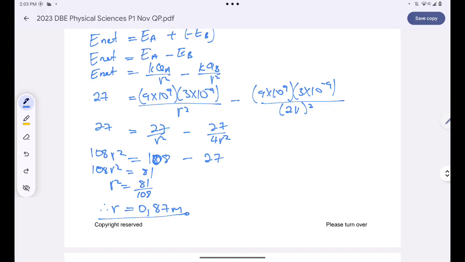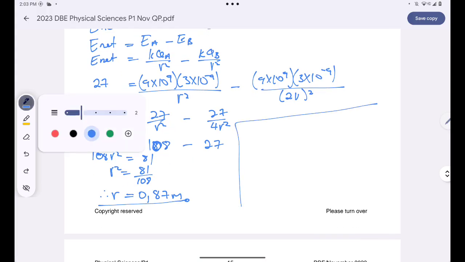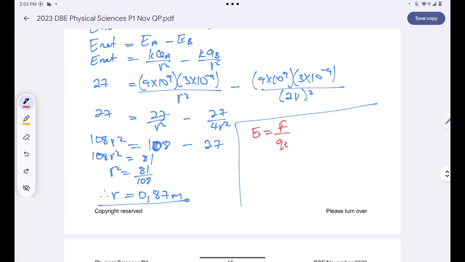The net electrostatic force, I'll answer that one here. Remember that, guys, E is equal to force all over charge. So for me to find the force, I just need to multiply the net electric field and the charge of an electron. So my net electric field is simply 27.